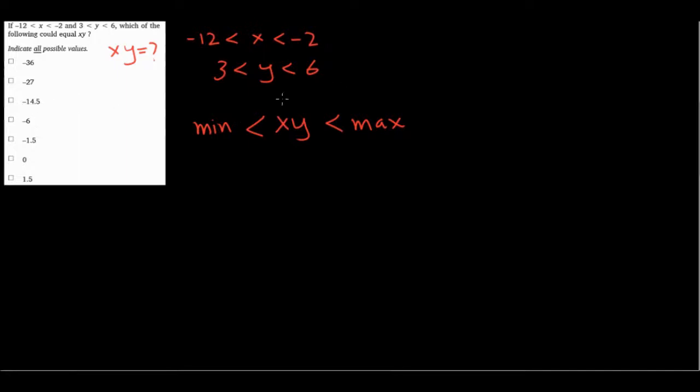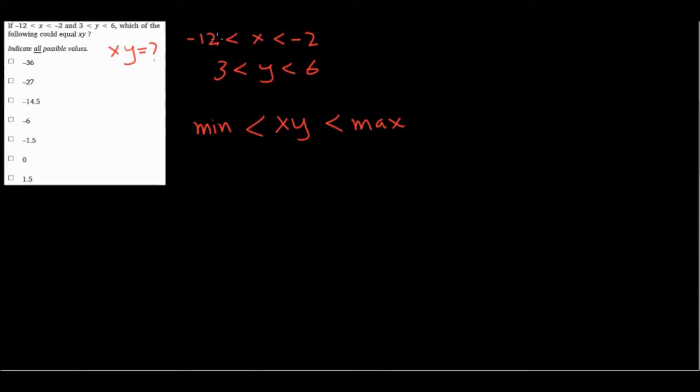All right, so let's look at the minimum possible. For x, the minimum is negative 12, and for y, the minimum is 3. If I multiply these two, negative 12 and 3, would that give me the minimum value? Actually, no, because the negative makes things interesting.